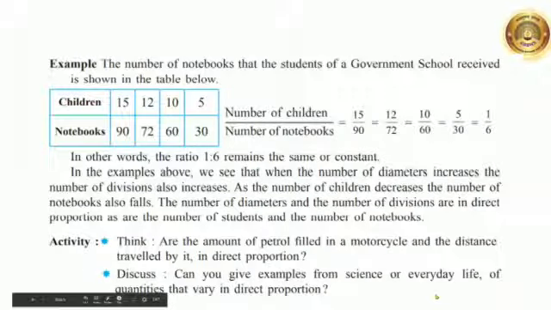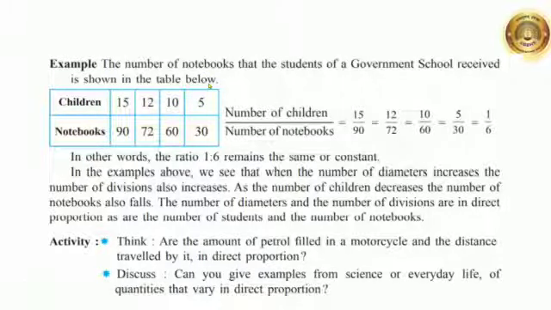Let's see another example. The number of notebooks that students of a government school received is shown in the table below. So, if there are 15 children, you require 90 notebooks. 12 children, you require 72 notebooks. 10 children, 60 notebooks, and 5 children, 30 notebooks. So in this case, we see that when the number of children is reducing, the number of books has also reduced.